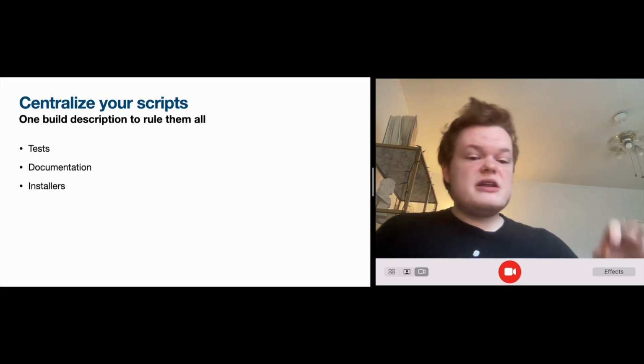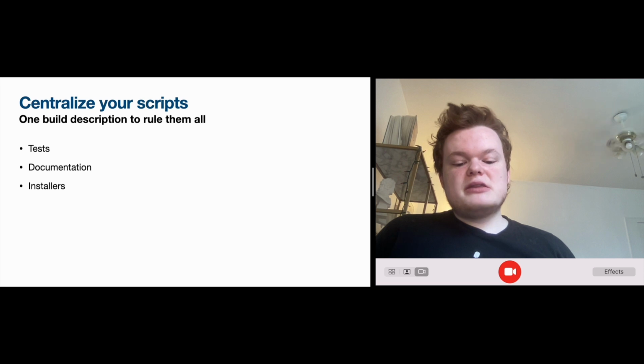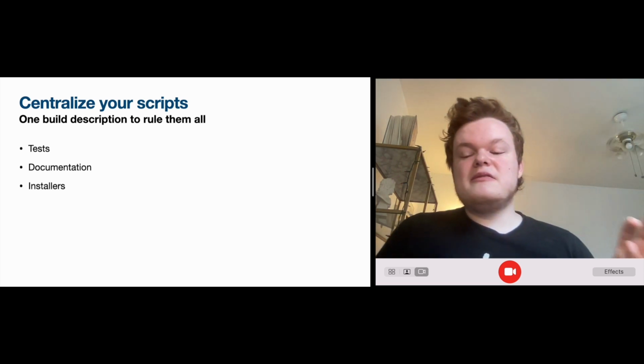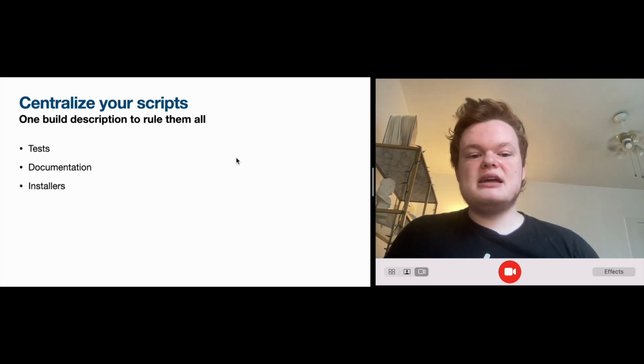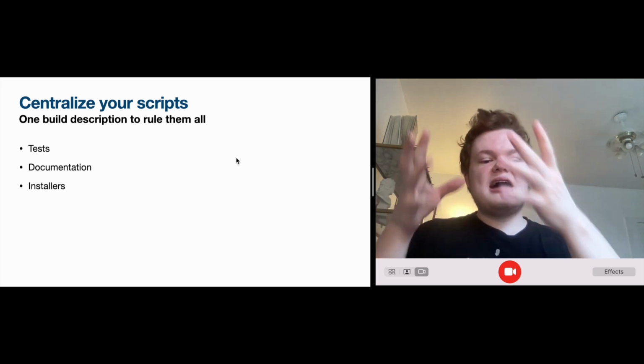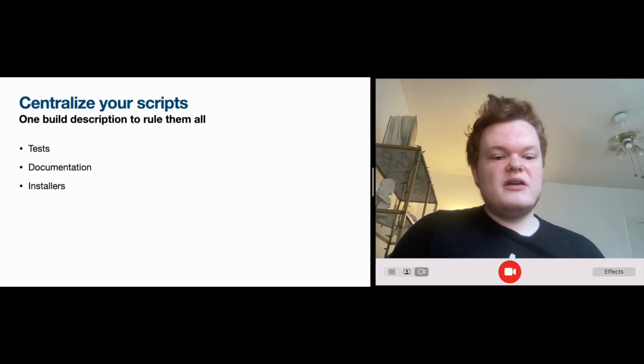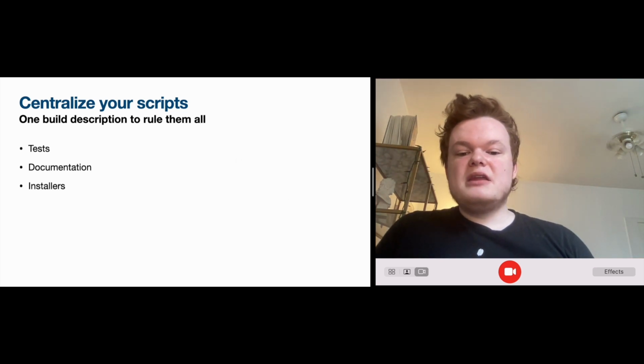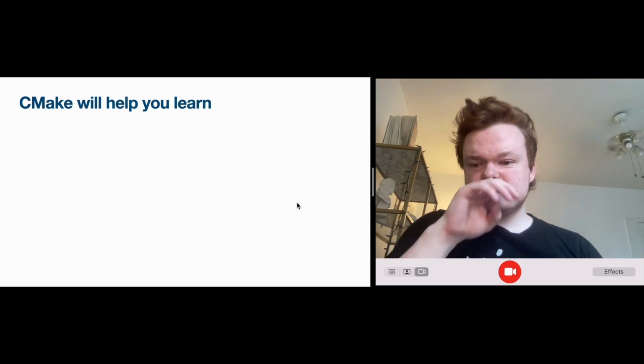And so if you're already configuring your command line executable to run your tests in your CMake, then you can just pass the name of that target to a test command, and it will automatically take the path of what it built and put it in there. So you don't even have to really know or care about that. CMake handles all of that for you.